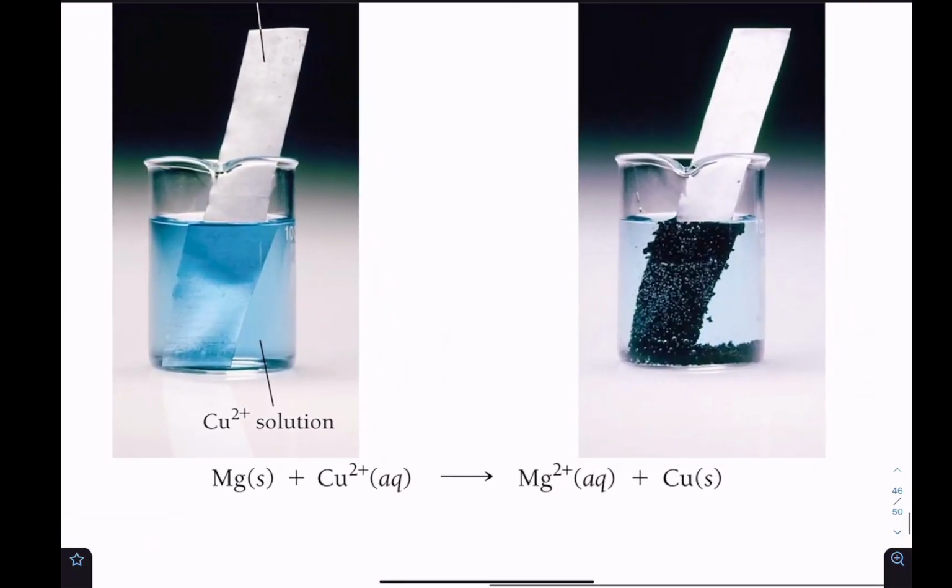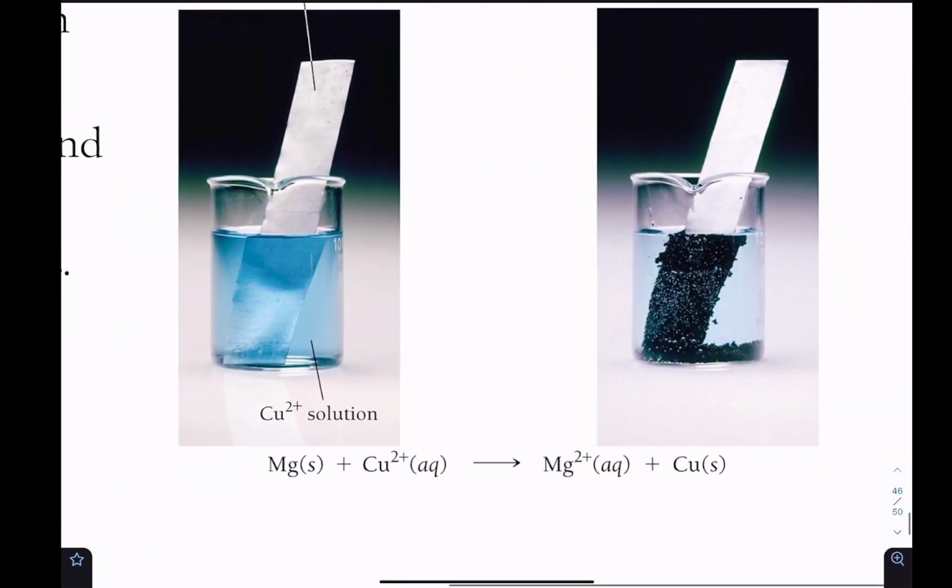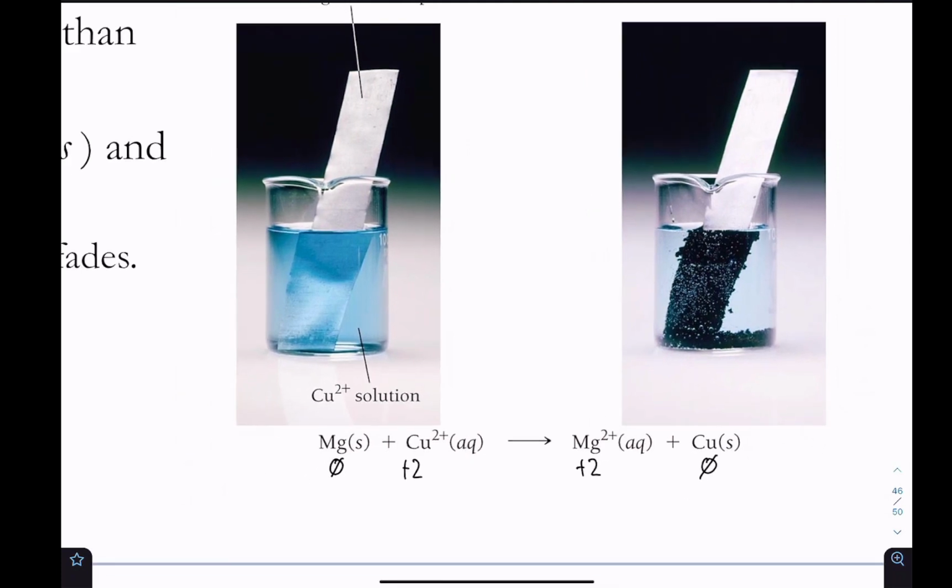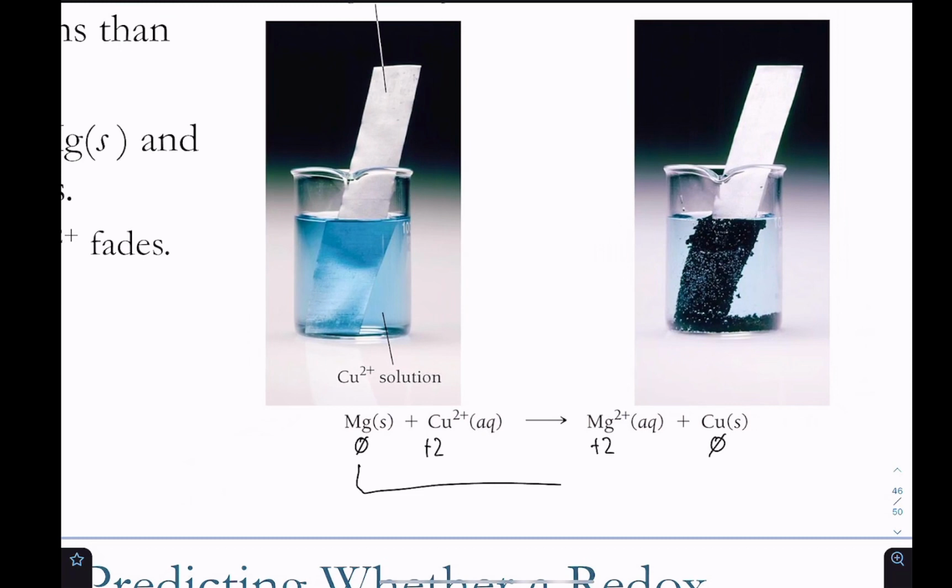And we've got our equation down here. All right, magnesium is going to have an oxidation state of 0. Copper is going to be +2. Then magnesium goes to +2. Copper goes to 0. So the magnesium is being oxidized, and it lost its electrons.